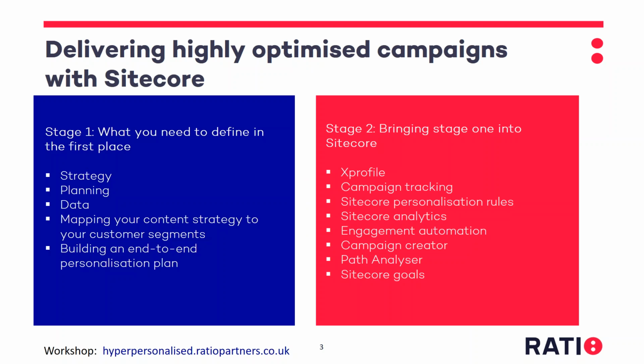So it really breaks down to two stages. The reason I mentioned that today's presentation is going to go into two distinct phases is because if you're looking to deploy personalization, you need to split out the two. A lot of clients we deal with who are really excited about deploying personalization are keen to get stuck in, go on to, for example, their homepage and create a personalization rule.